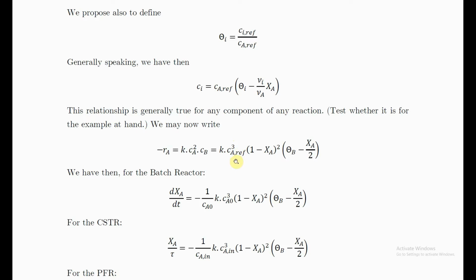That's because we load up the reactor with component A and let it react. So we are in control of this. We think of it as a number that we know, and then everything else here is just the variable Xa. Theta b, of course, is based on the amount of B that we put in. So in a similar way to Ca ref, we can control theta B, the amount of B we put into the reactor.